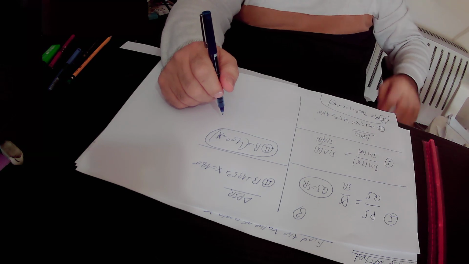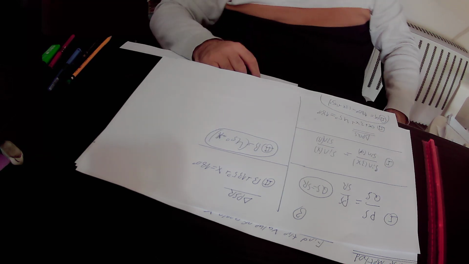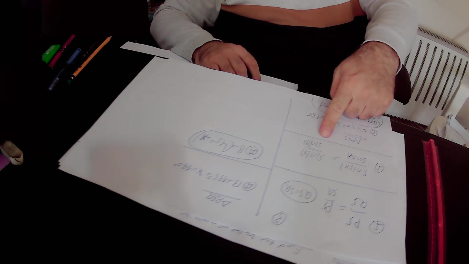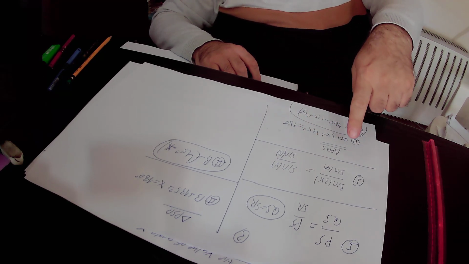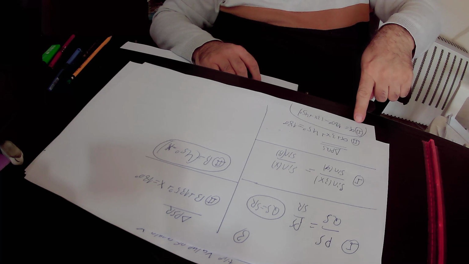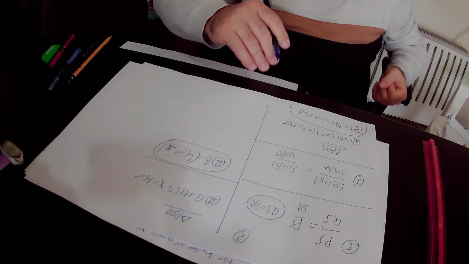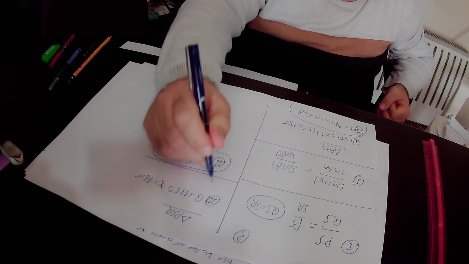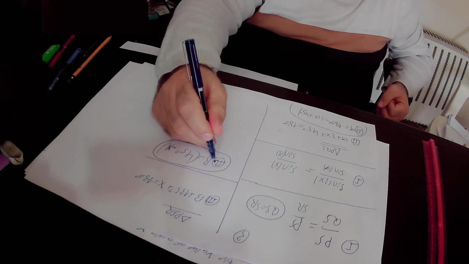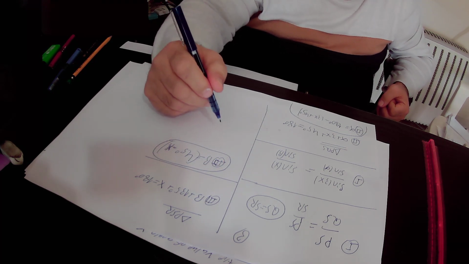And now we can substitute alpha and beta in this equation number 1 by the values that we found for alpha and beta in equation number 2 and equation number 3. Okay, so we'll do it now.